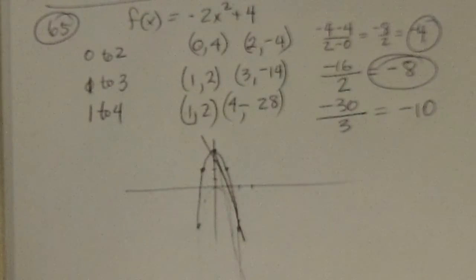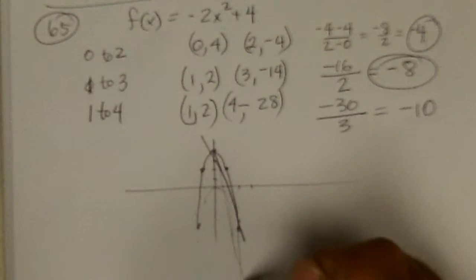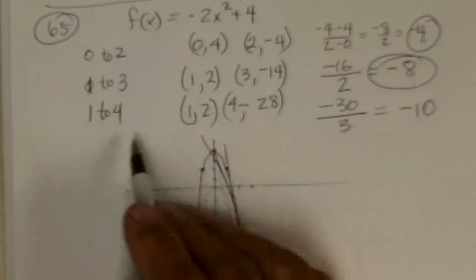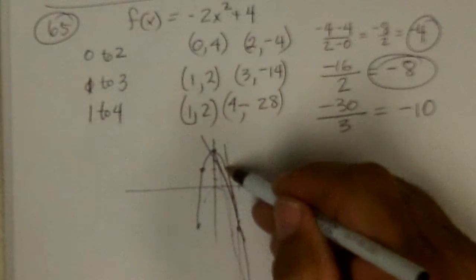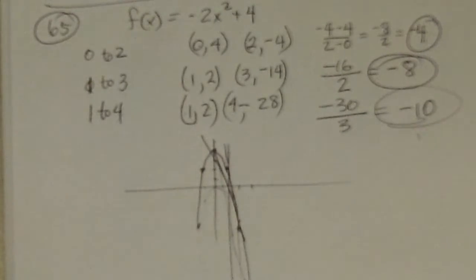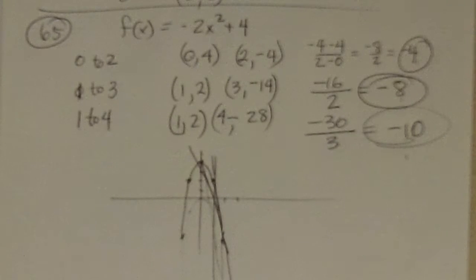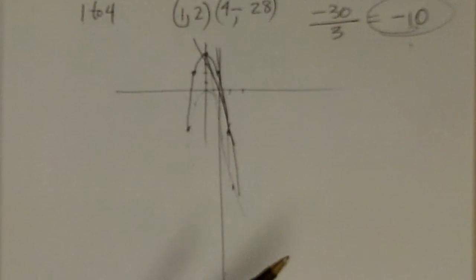That's the average rate of change. From 1 to 3 is even steeper, and from 1 to 4 is going to be even steeper and negative. And that's what these numbers are talking about. So it's getting steeper and steeper going down. Okay?